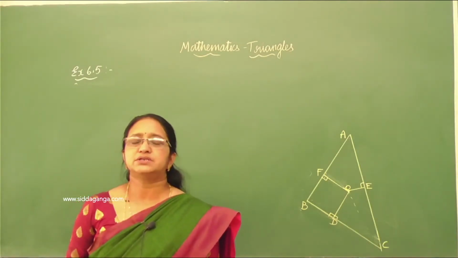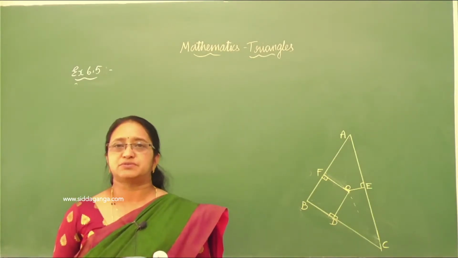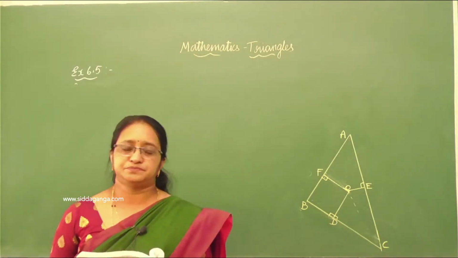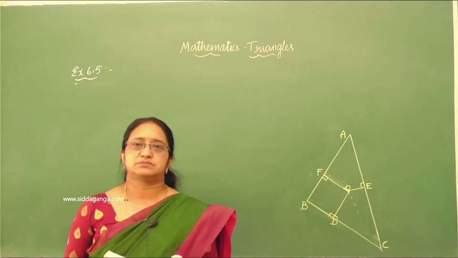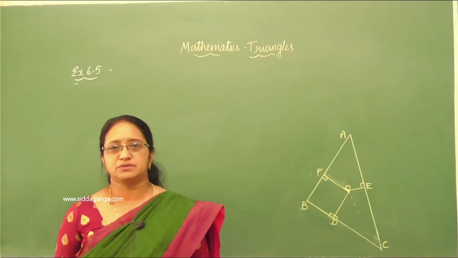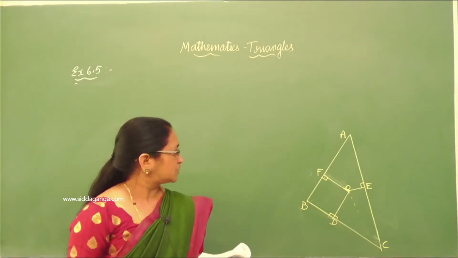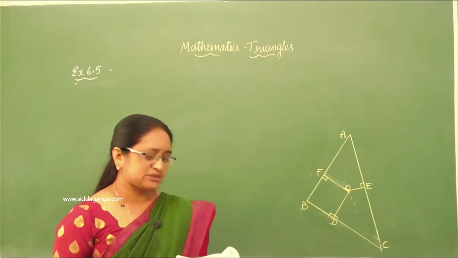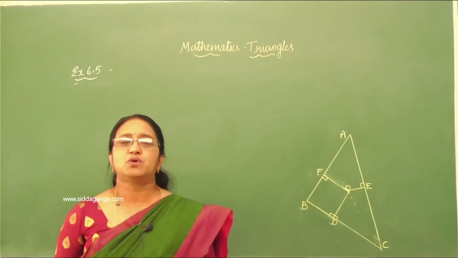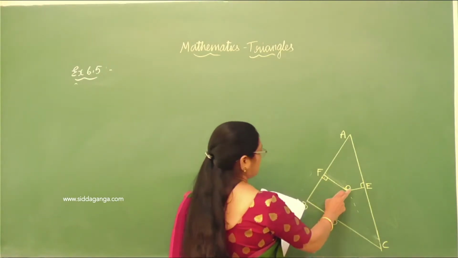Okay, there are two sub questions here. So first let us prove the first one, and by using that result, we can easily prove the second one. And the diagram they have given, so here is the diagram for you. ABC is a triangle and O is the interior point, a point in the interior.